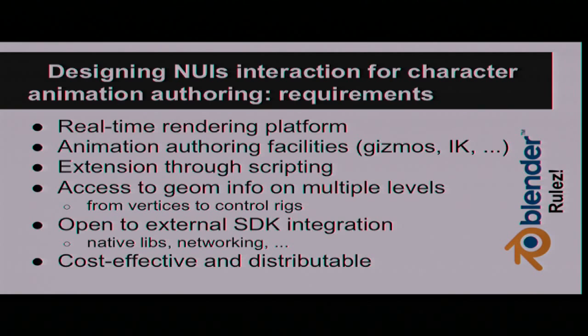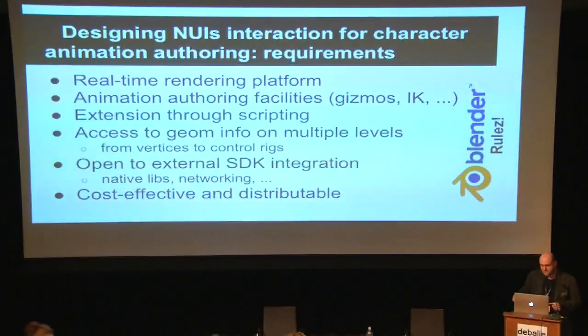when we started to work on this topic, we realized that we needed a flexible platform to develop this architecture. We needed something able to render in real time, to have a feedback in real time of what to do. We needed already some controls like the 3D widgets and the IK chains to animate the characters.